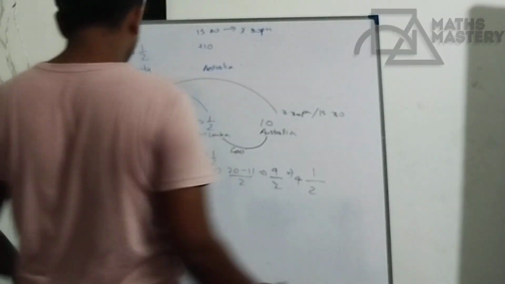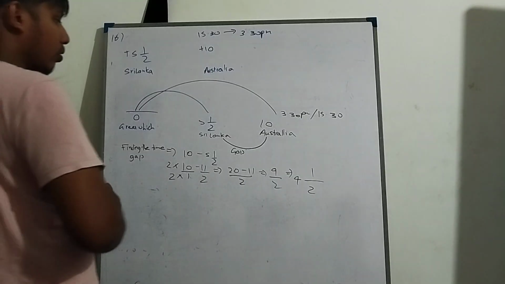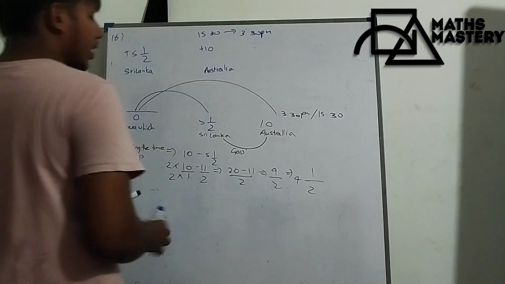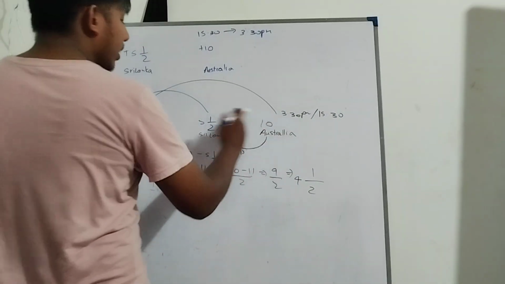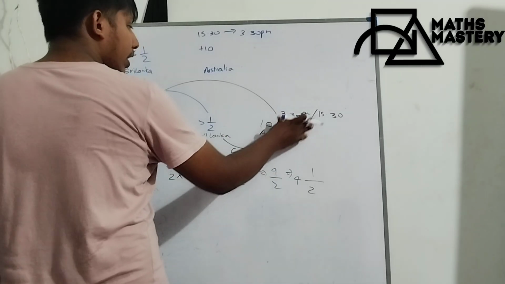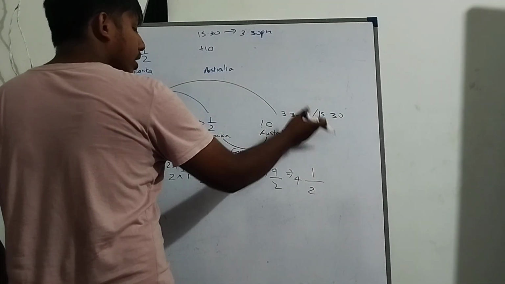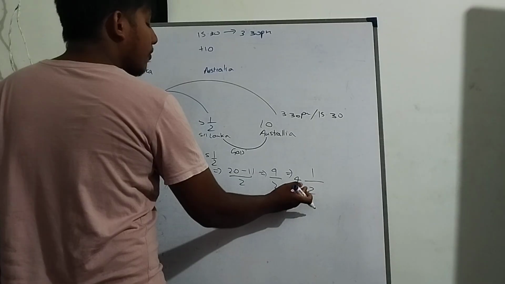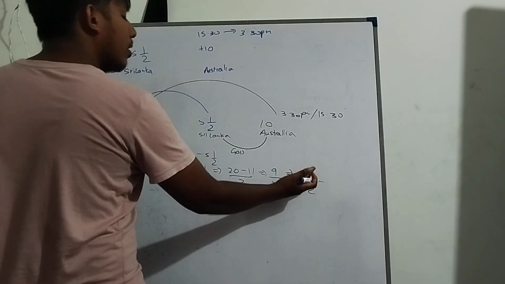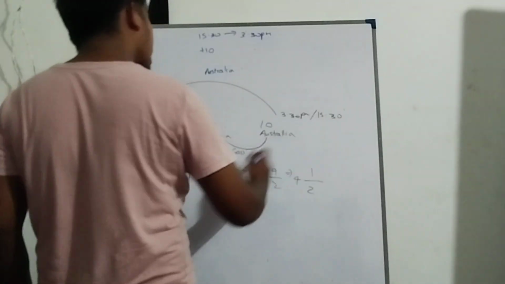What is the meaning of 4 and a half? It means when the Australian time is 3:30, students, Sri Lanka's time is 4 and a half hours behind.